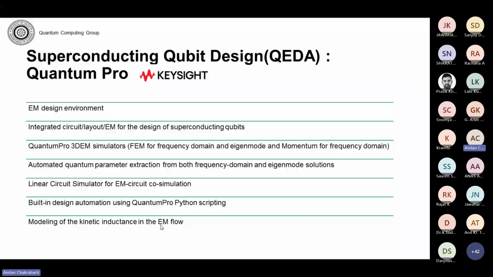These tools also provide Quantum Pro Python scripting, so that we can generate our designs. And there is a lot of kinetic modeling in the tools. The target is what my student Uday will just demonstrate now.